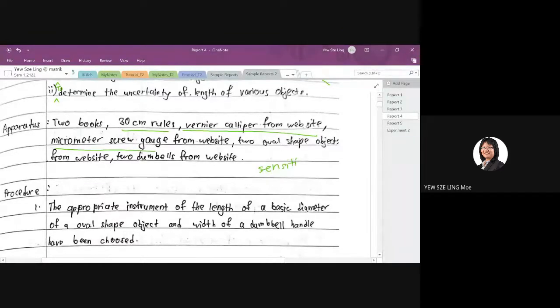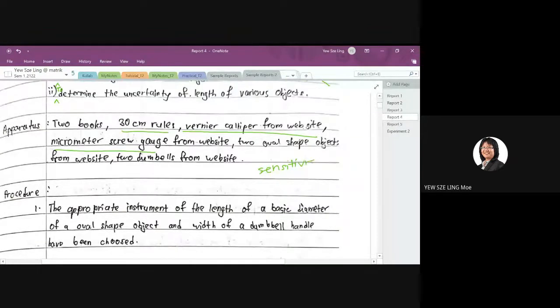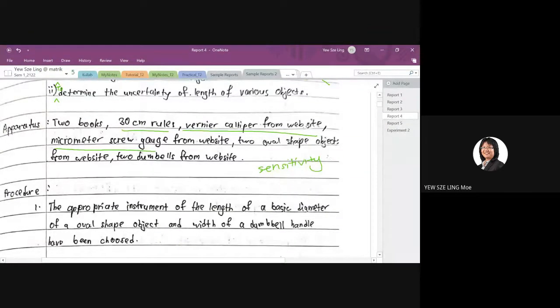In apparatus, we don't call it uncertainty. We call it sensitivity. We look at the smaller scale of the apparatus. Uncertainty is slightly different. It depends on whether you are taking 1-point reading or 2-point reading. If you forgot, you can go to Google Classroom and read the handout I posted there on the difference between single-point reading and 2-point reading.